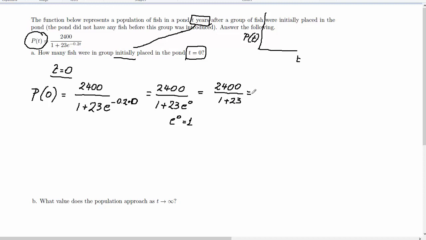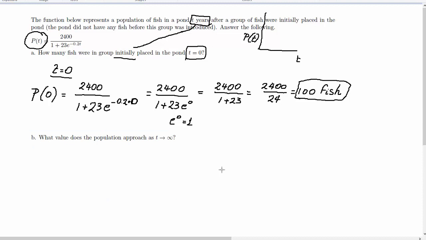Well, we can see that at the denominator we have 24, so we have 2400 divided by 24, and the result is going to be just 100. Okay, so what is this? This is the population at the beginning. So we start the pond with 100 fish in it. And that's the answer for the first problem.